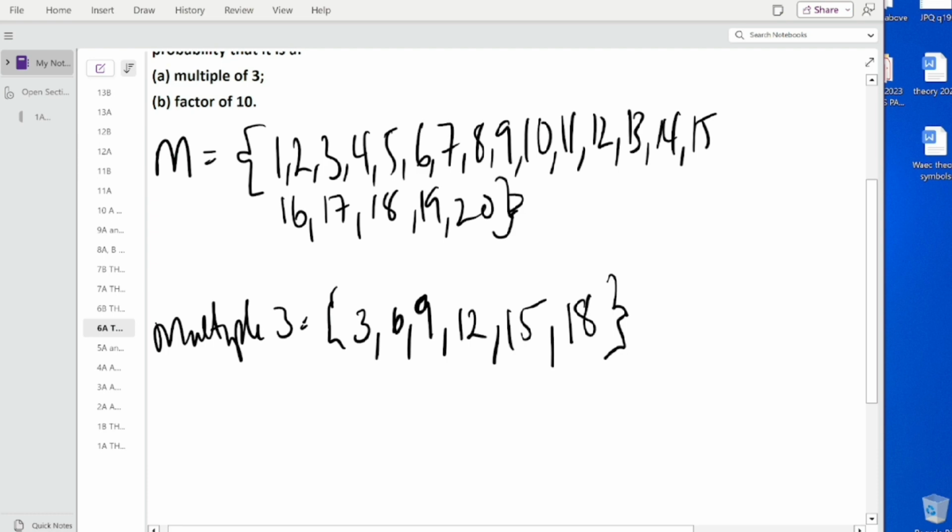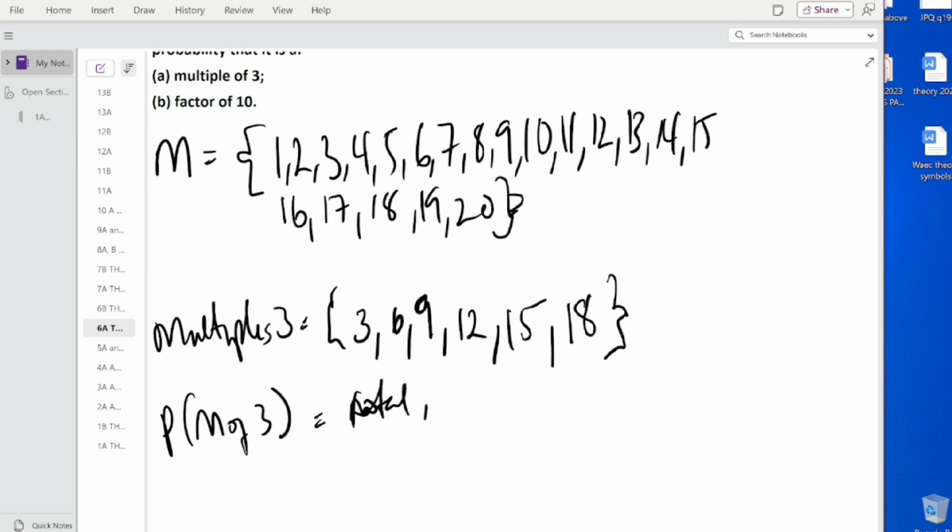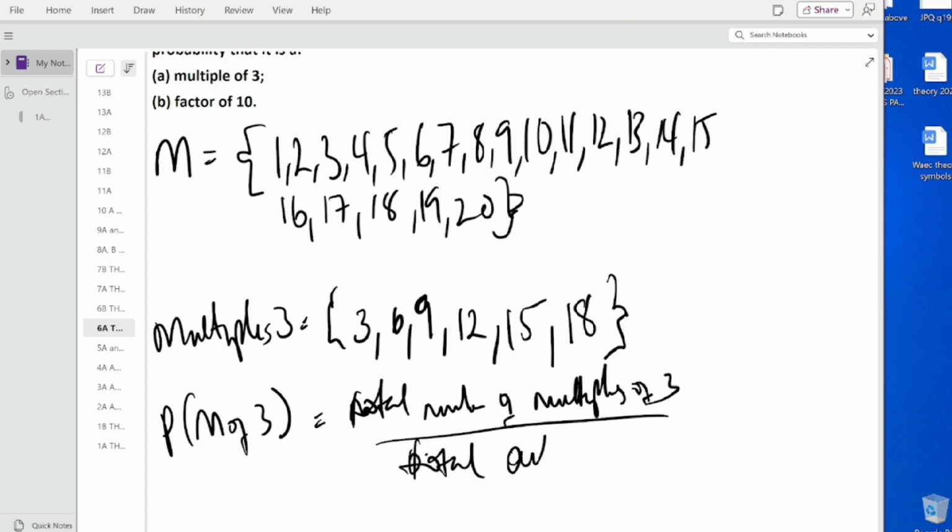The question is, what is the probability that it's a multiple of 3? So these are multiples of 3. The probability of a multiple of 3 will be the total number of multiples of 3 over the total outcome.